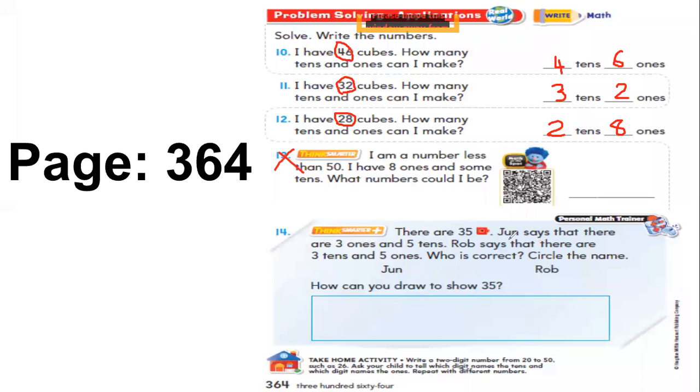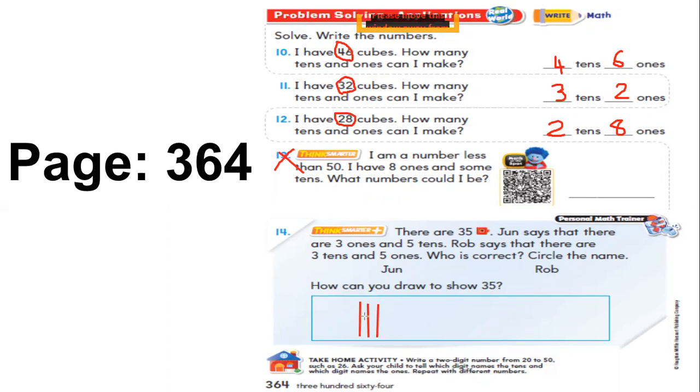June says that there are 3 ones and 5 tens. Rob says that there are 3 tens and 5 ones. Who is correct? Circle the name. So we are going to show how we are going to write it as 35. Let's do it first. 35. So that will be 1, 2, and 3.